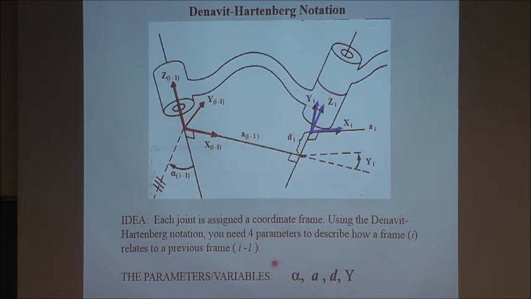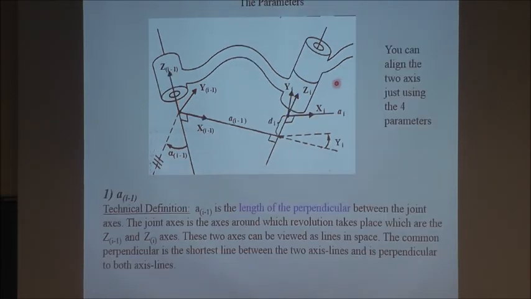Proper rotation and translation with respect to the amounts of alpha, a, d, and theta make this cylinder coincide, it puts it on top of the next cylinder. You see what I mean? That is the basic idea. So you can align the 2 axes just using the 4 parameters.